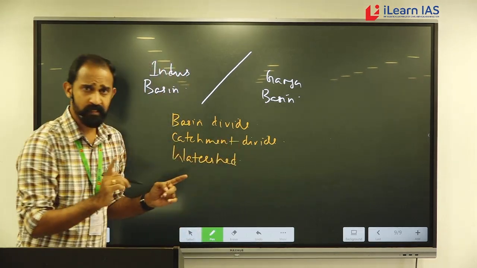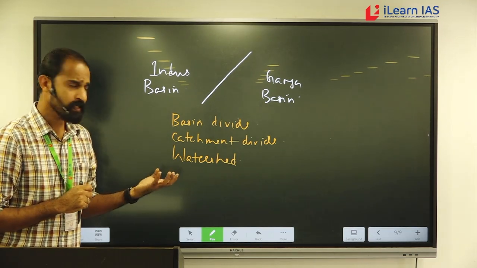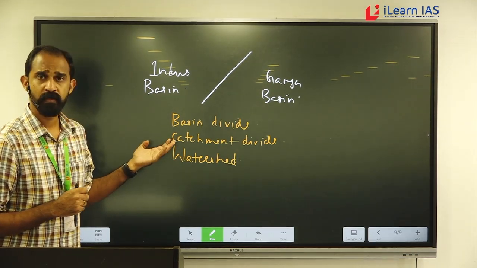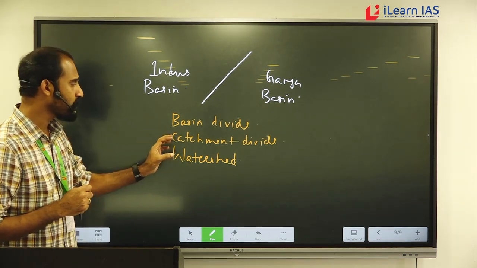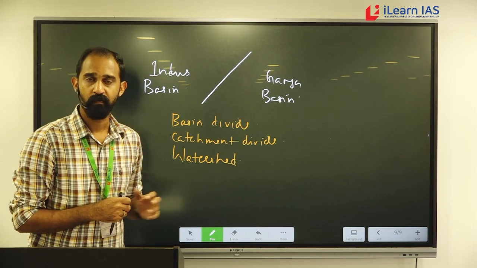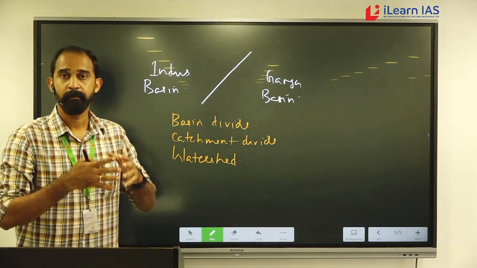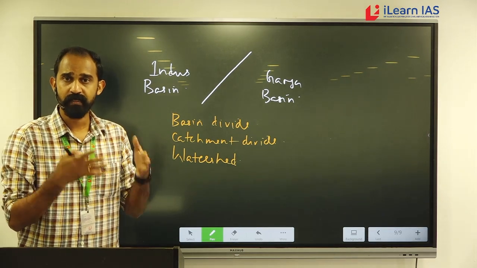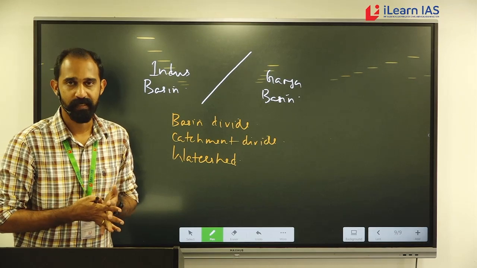So the term watershed has two meanings. In some contexts, we use watershed for basin. In some other contexts, we use the same term for denoting water divide. You should be able to understand the meaning on the basis of the context in which this particular term has been used in the sentence.